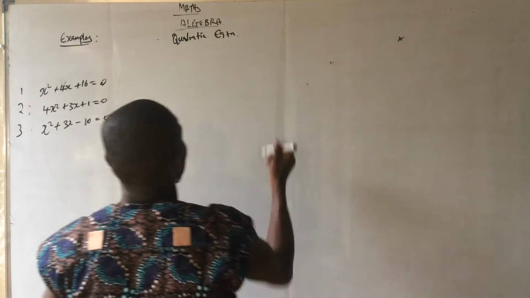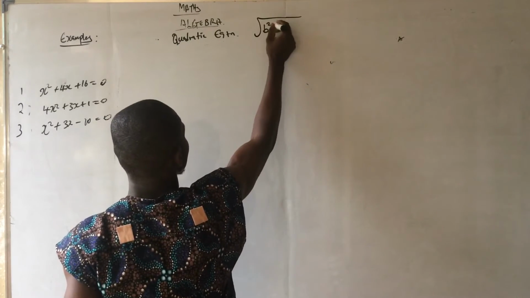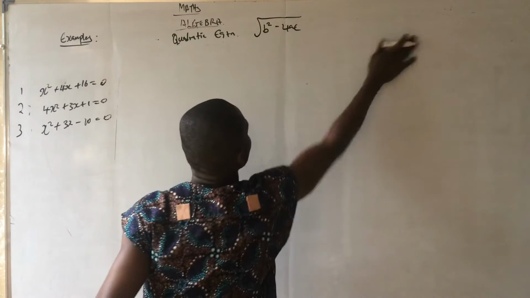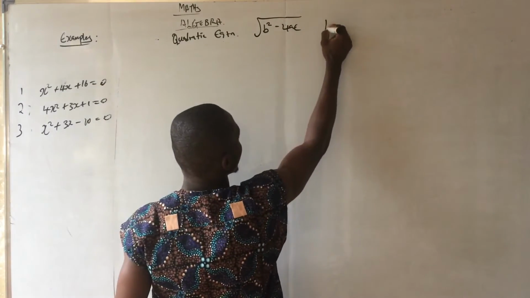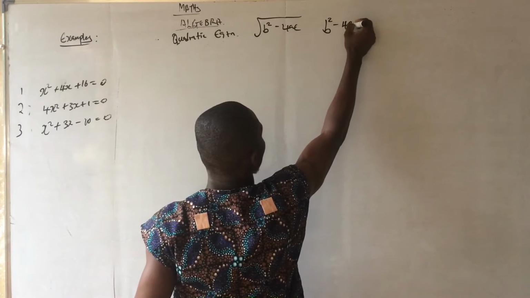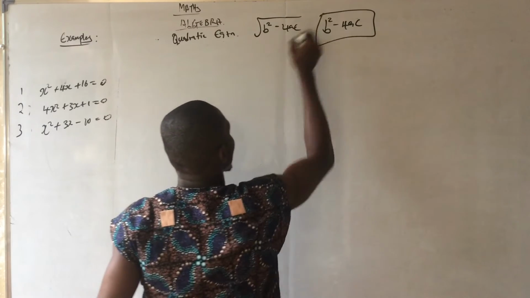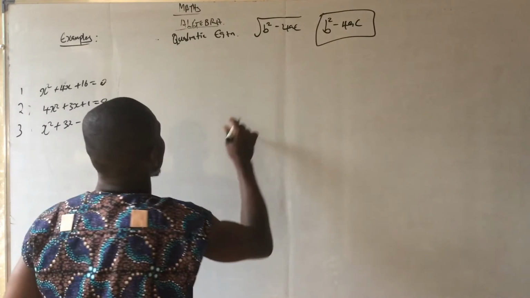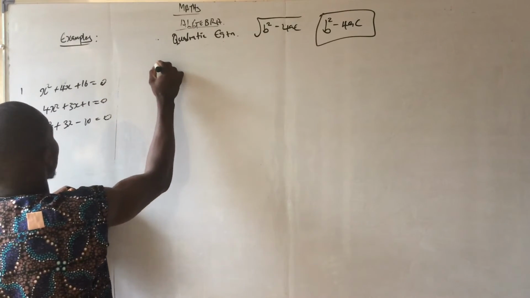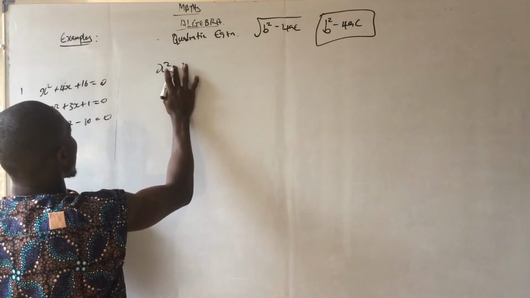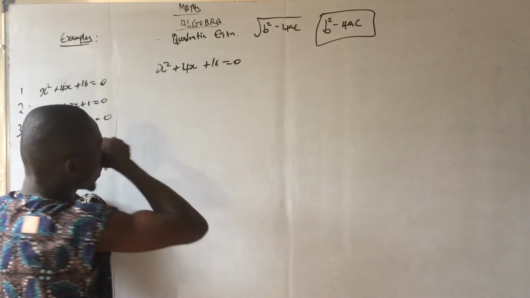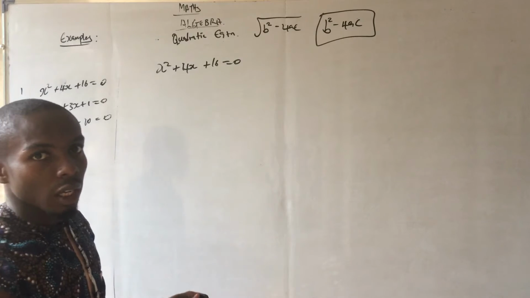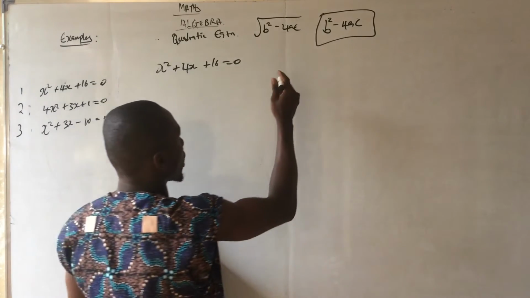So number 1, I write the discriminant here. The discriminant is b squared minus 4ac. The first question says x squared plus 4x plus 16 equal to 0. So we'll check if it can be factorized using the discriminant.